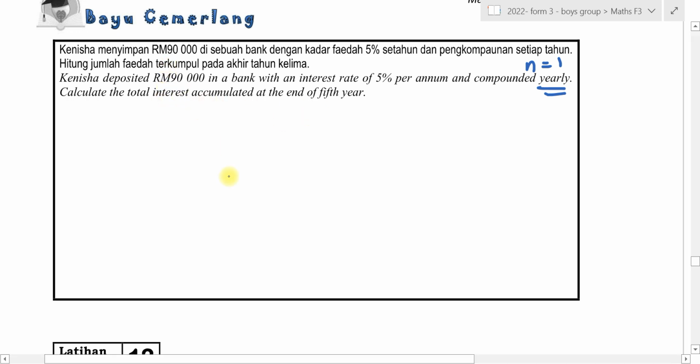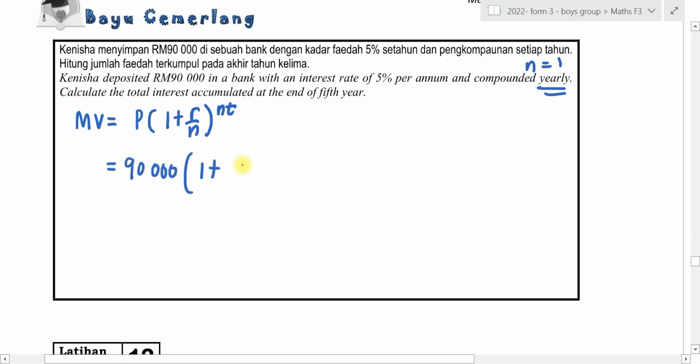Interest accumulated at the end of the 5th year. Never mind, you find the MV first. MV equals P(1 + r/n)^(nt). Principal is 90,000. 1 plus r, the rate is 0.05 over n. n is how much? 1. 1 times, we want to find for the 5th year, right? End of 5th year, so 1 times 5. t equals 5.